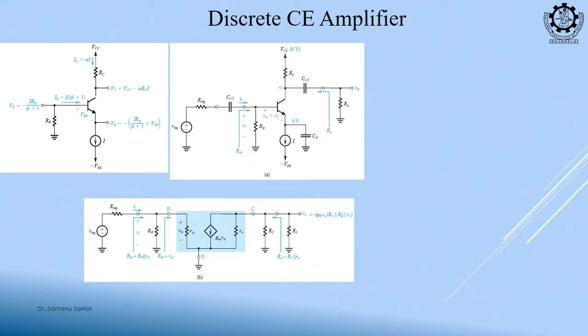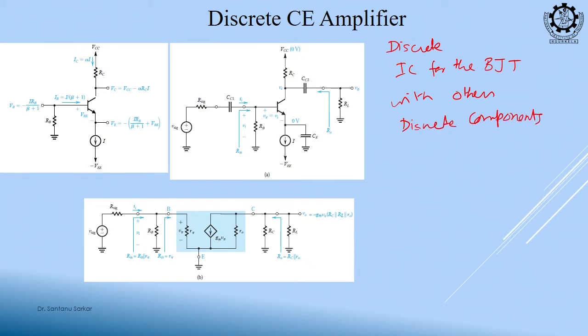Discrete means on the board. When you will be doing the lab experiment in the analog electronics laboratory, a discrete IC for the BJT will be given, with other discrete components like resistances, capacitances.